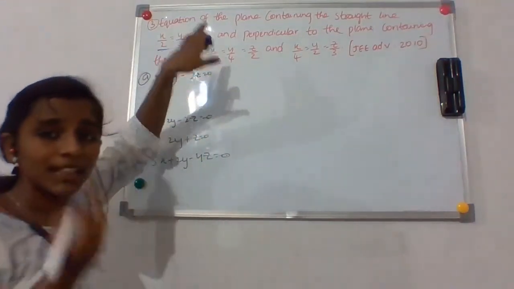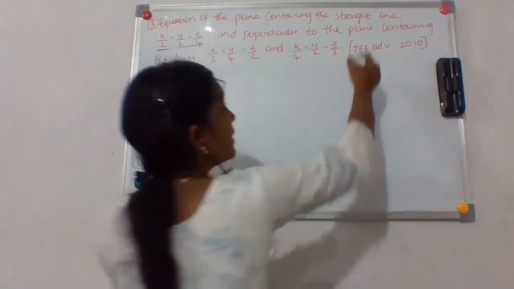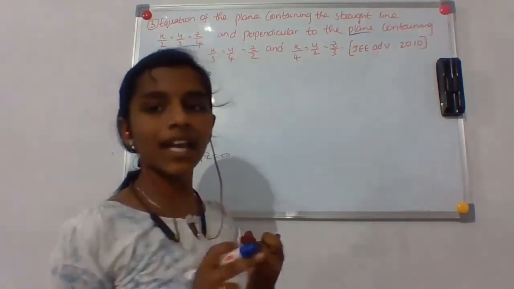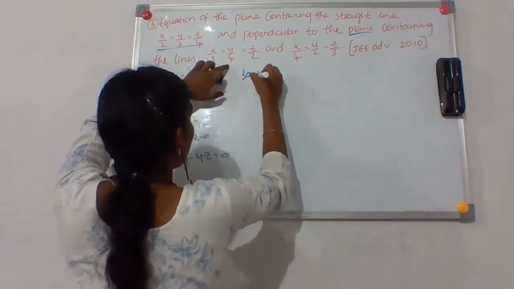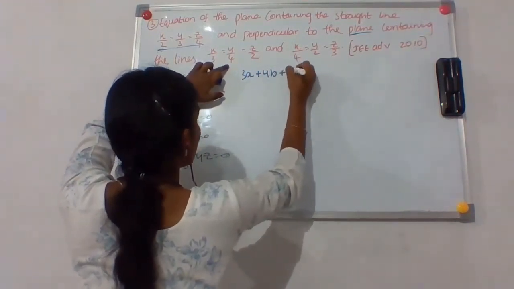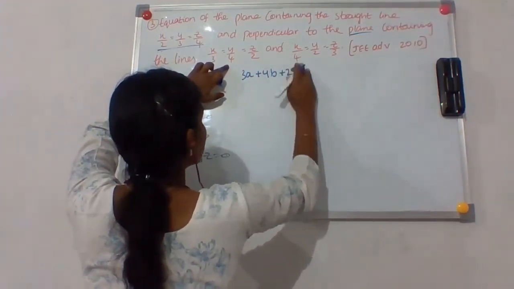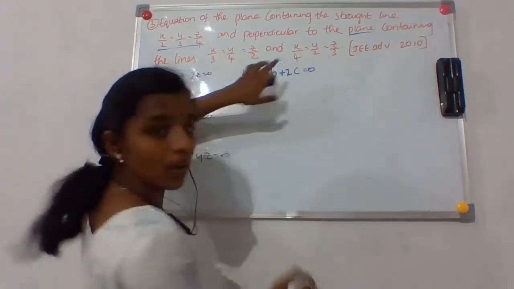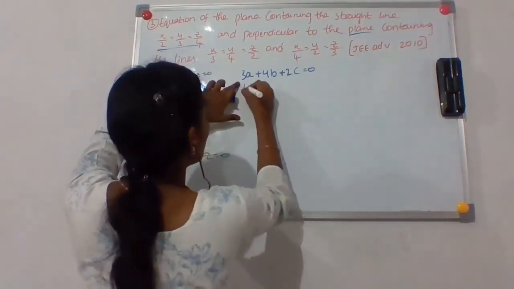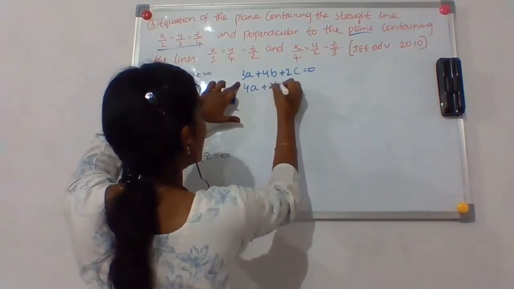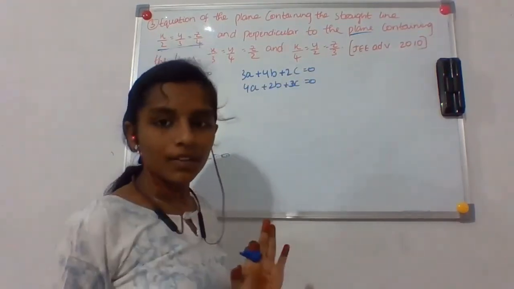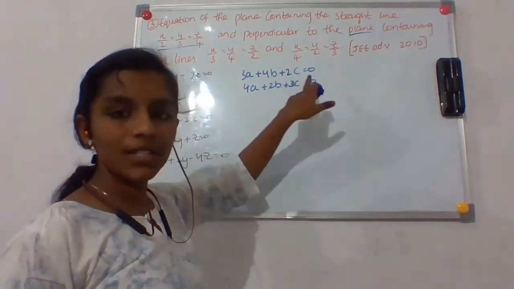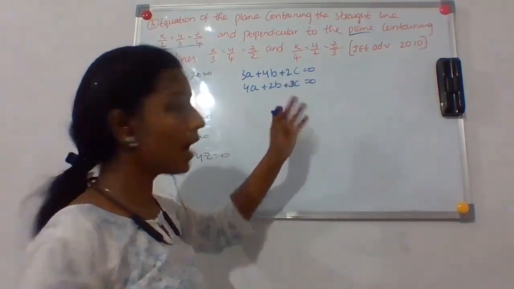Let me think that this plane's DRs are A, B, C. Then the equations I get are 3A plus 4B plus 2C is equal to 0. And the other one is 4A plus 2B plus 3C is equal to 0. Right? So now by solving these two equations I get A, B, C. How do I get it?